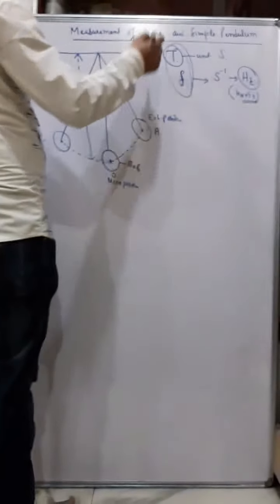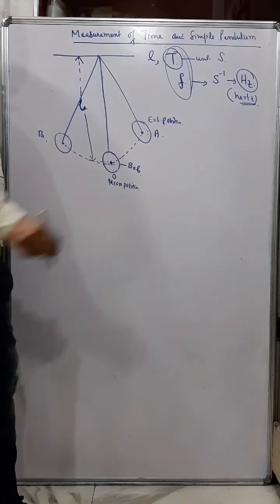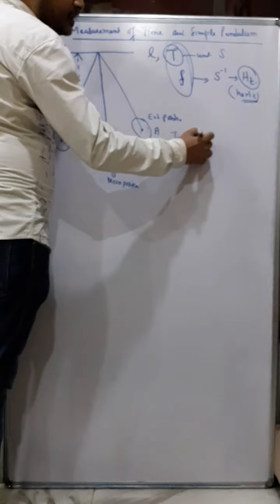Now we can get a relationship between time period and frequency, because you know that time period means time taken to complete one oscillation.